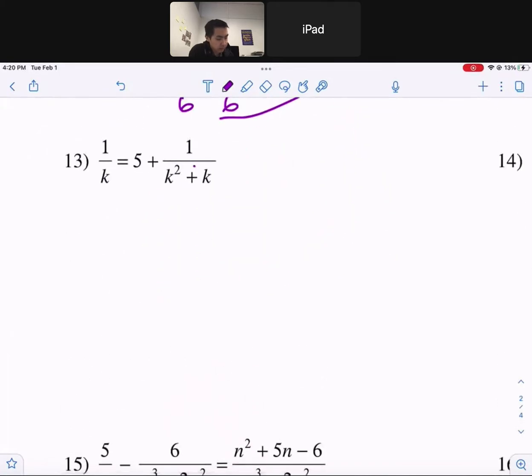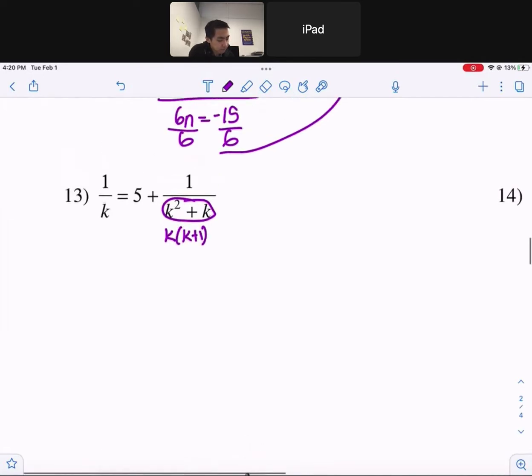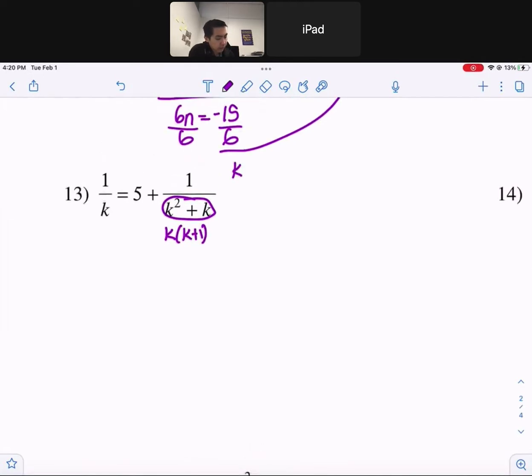13. You must factor this. Factor out a k to get k plus 1. So k cannot be 0, and it can't be -1. The LCD is k times k plus 1, so we're going to multiply this whole thing by k times k plus 1.